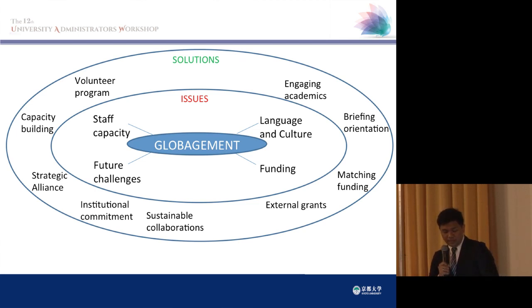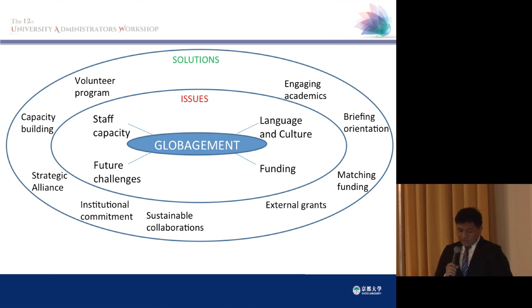So next is institutional commitment. This was also partly discussed yesterday. It says that as the president of our organizations changes, the goals and tracks also change. So for this year, we may have good funding for internationalization, but it does not guarantee that for the next year it will be the same.